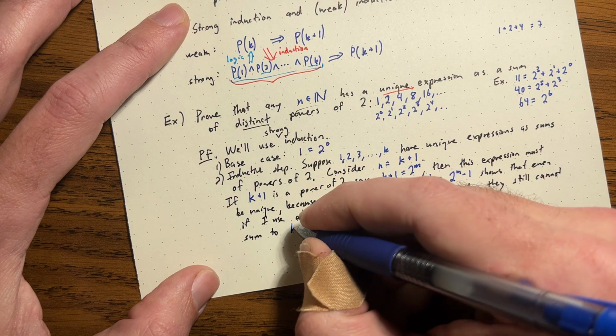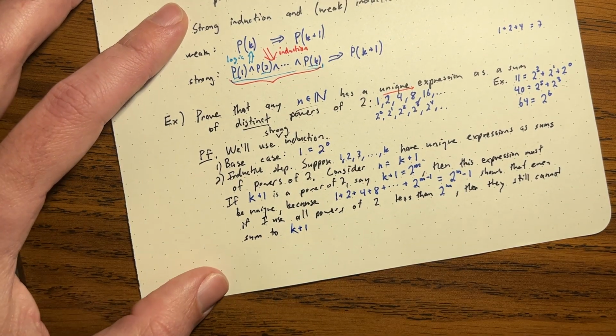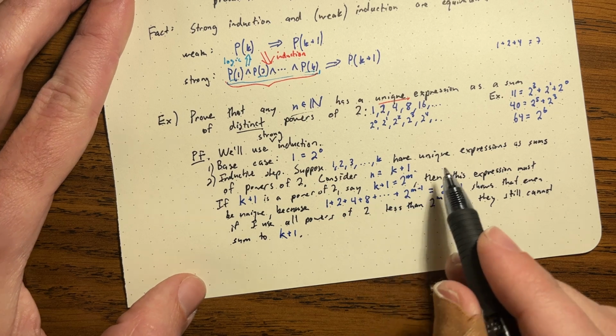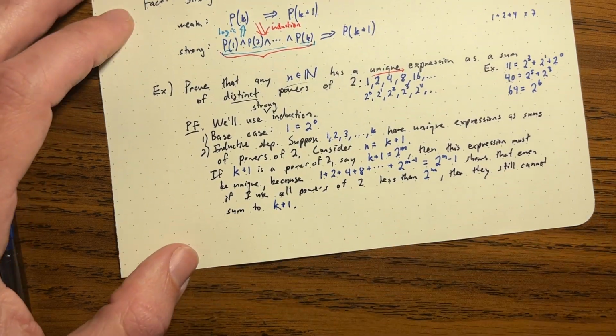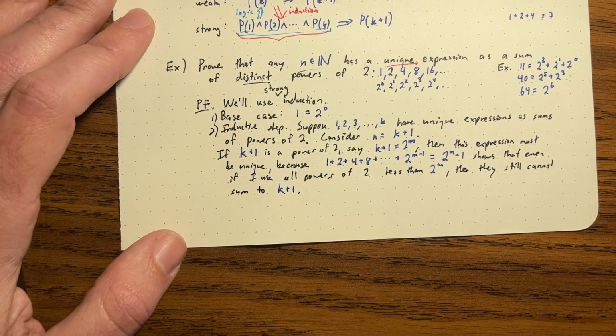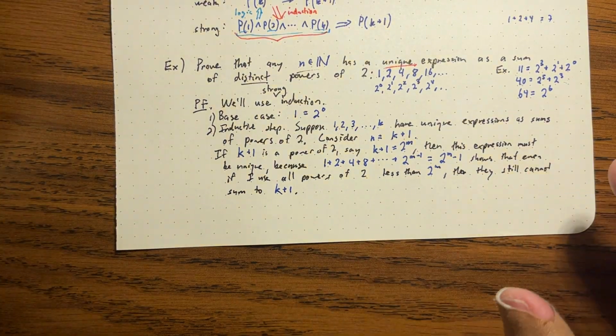I guess that's a good way to say it. Okay, so does that make sense? Not only did I find it, but I proved it's unique. We have to prove uniqueness in this case, so that's a harder problem. Okay, that's if it is a power of 2.